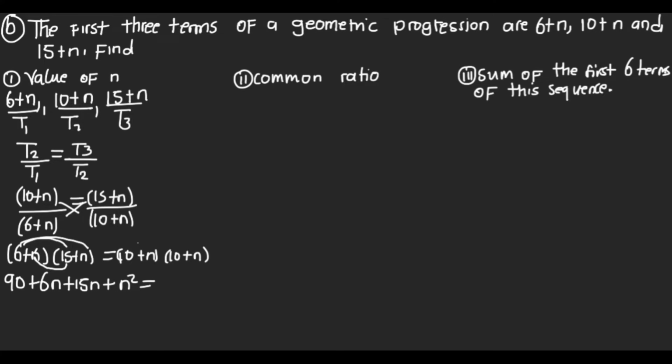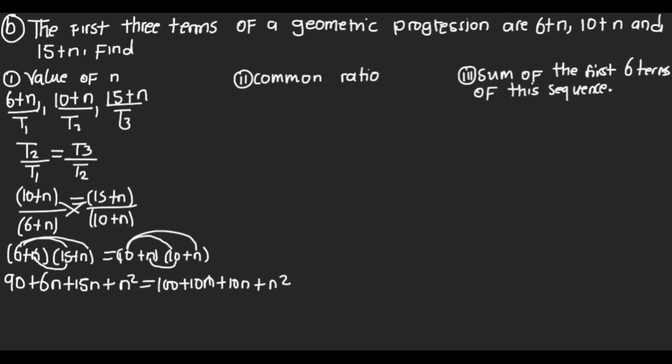Now we can look at the other pair. So 10 times 10 is 100. Then 10 times n will have 10n. Then n times 10 will have 10n. Then n times n will have n squared.